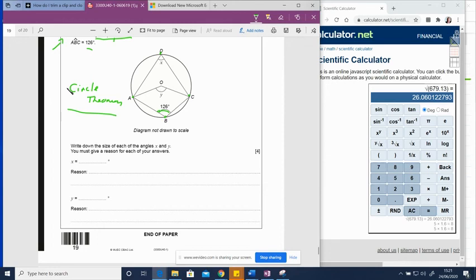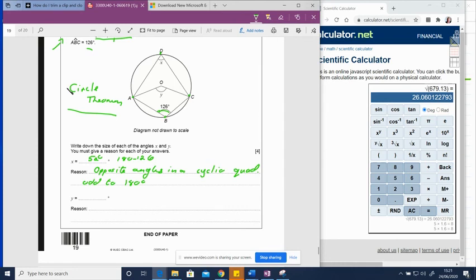So angle X is 180 less 126, which is 54 degrees. And the reason is opposite angles in a cyclic quadrilateral add to 180 degrees.